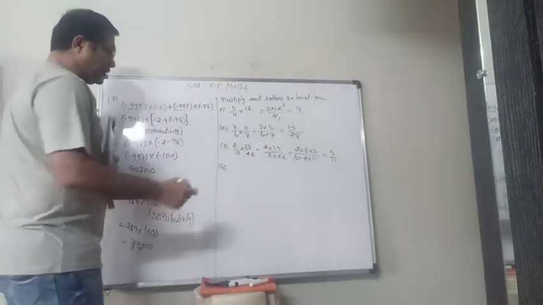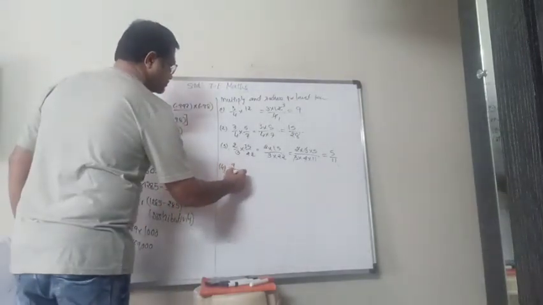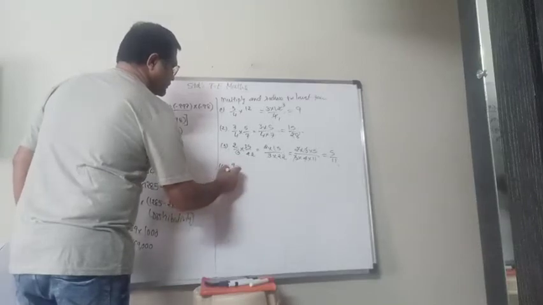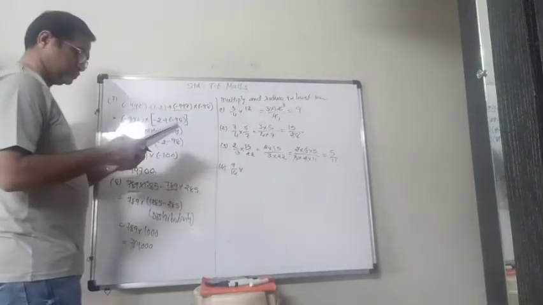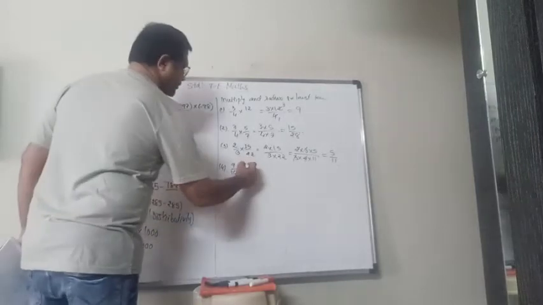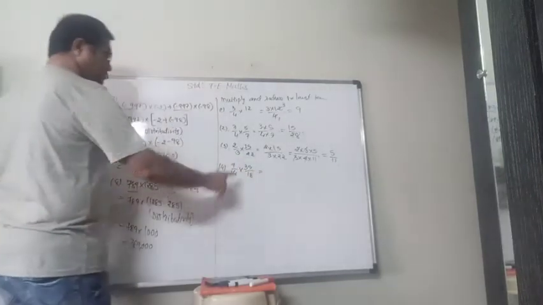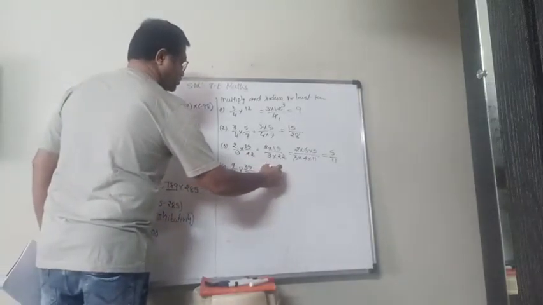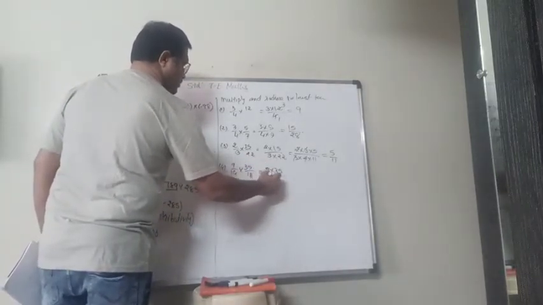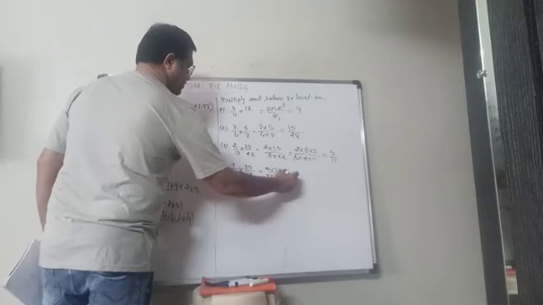Next one, 9 upon 14 multiplied by 35 upon 18. So here also numerator to numerator, denominator to denominator.